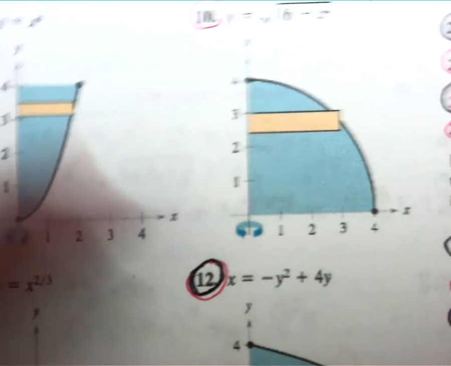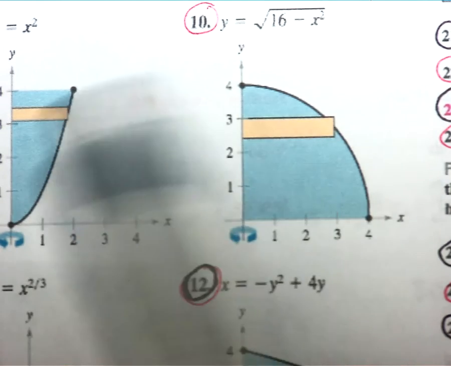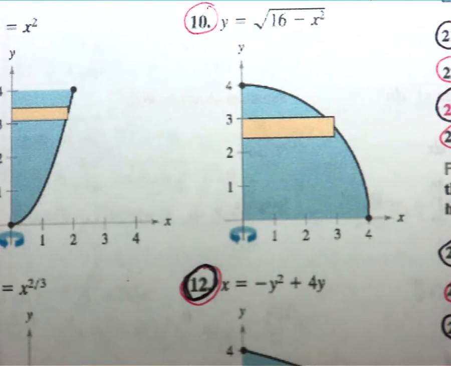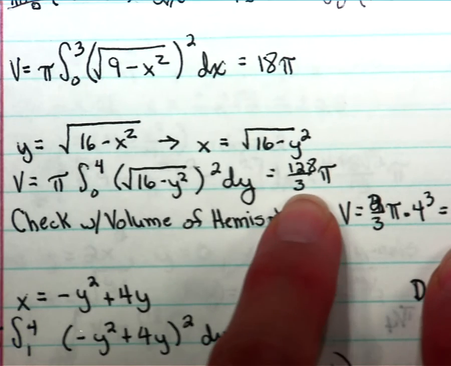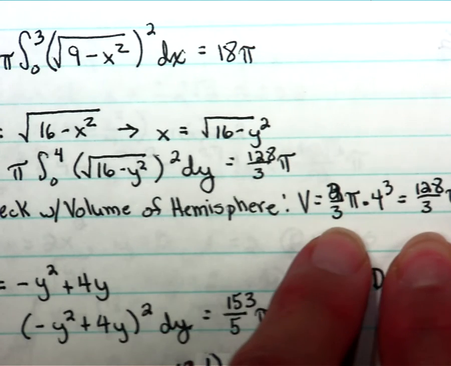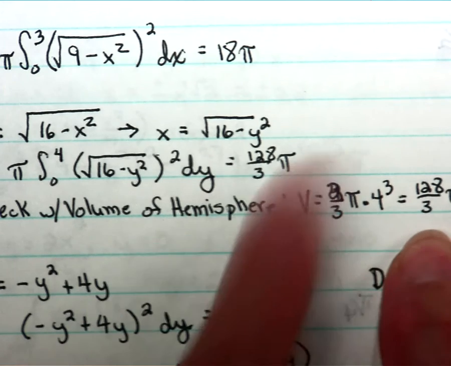And you told me that when I spun that with respect to the y-axis, I'd get a hemisphere. I have a formula for the volume of a sphere, 4/3 pi r cubed. Half of 4/3 pi r cubed is 2/3 pi r cubed, so you get the same answer.